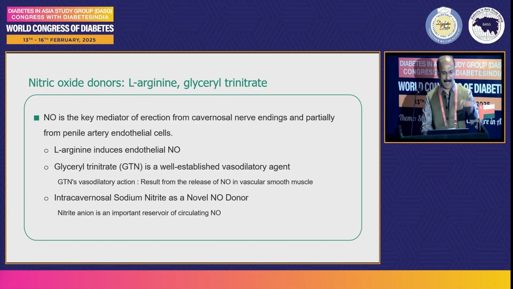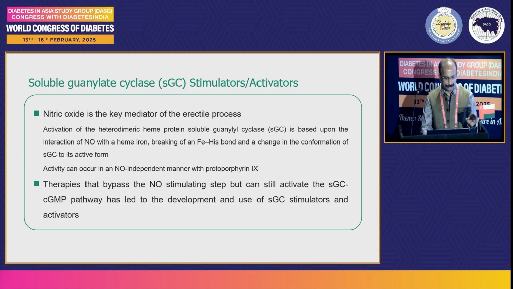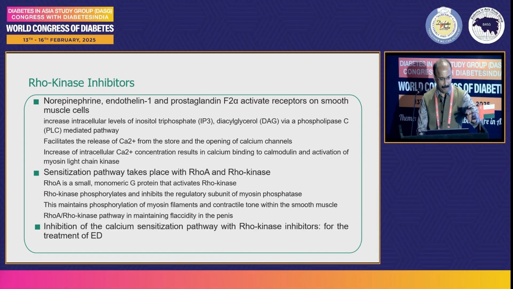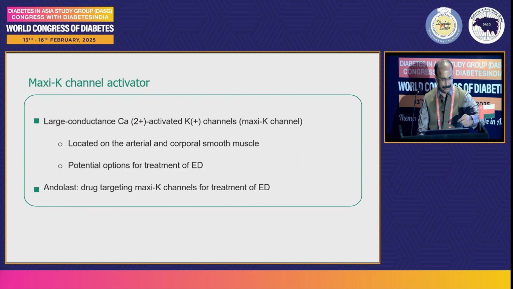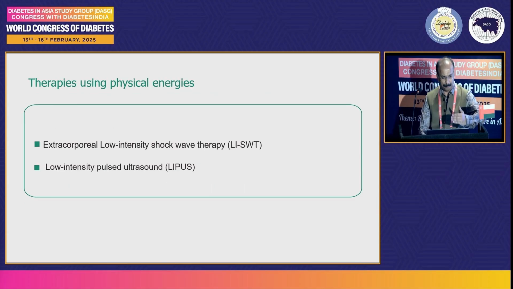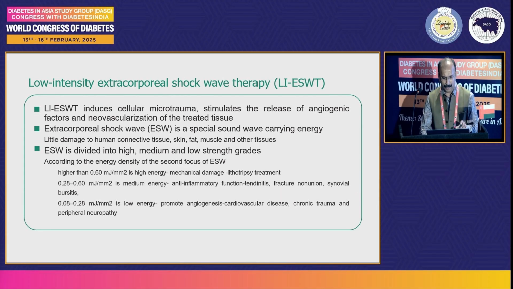Other agents which act on endothelial dysfunction include nitric oxide donors, soluble guanylate cyclase stimulators or activators, and Rho kinase inhibitors, melanocortin receptor activators, potassium channel activators, and physical therapies like extracorporeal shock wave therapy and low intensity pulse wave ultrasound, which induce angiogenesis and neovascularization, thereby improving endothelial dysfunction.